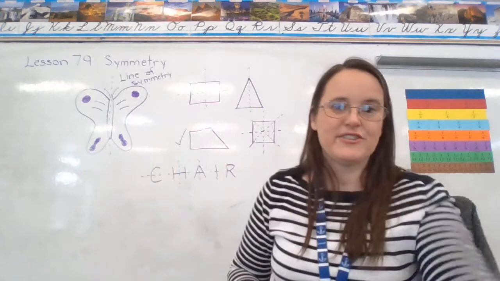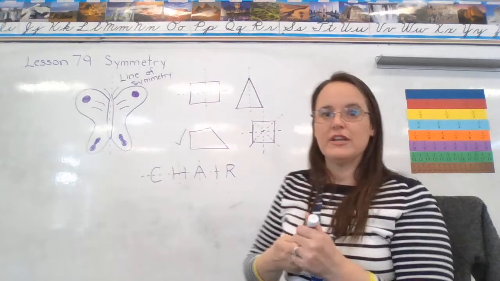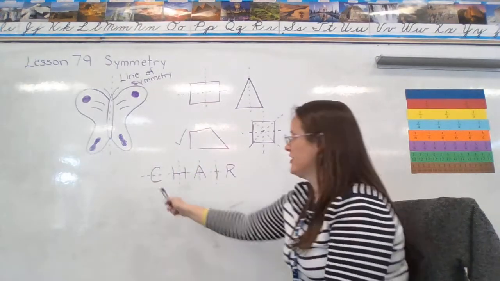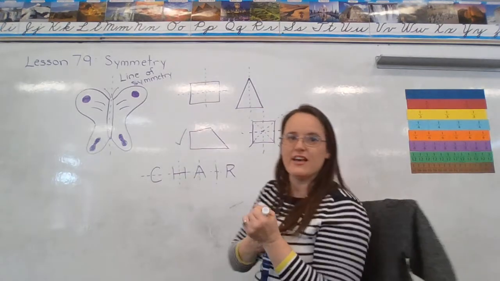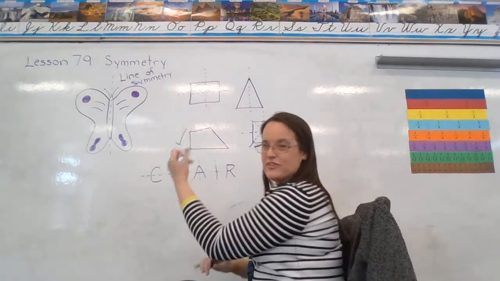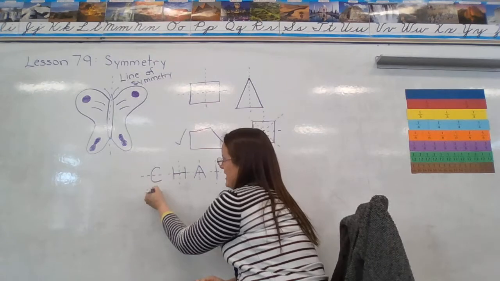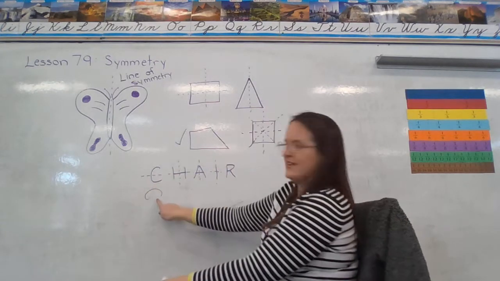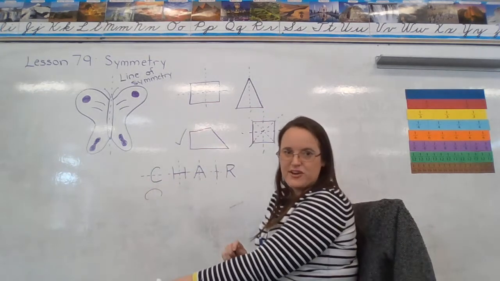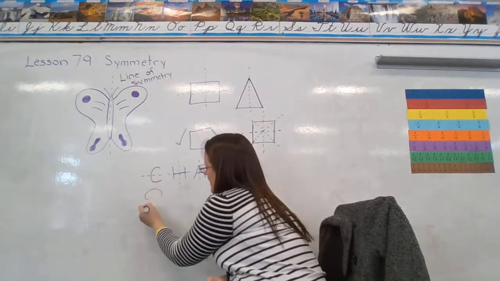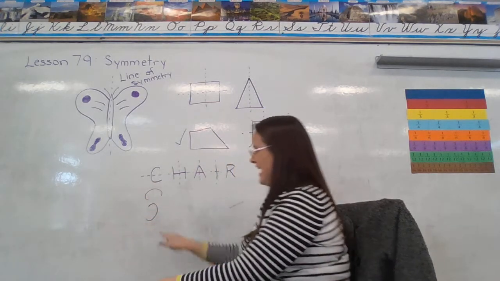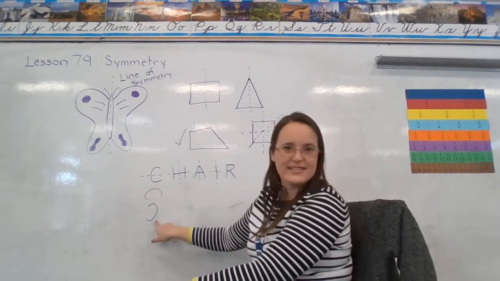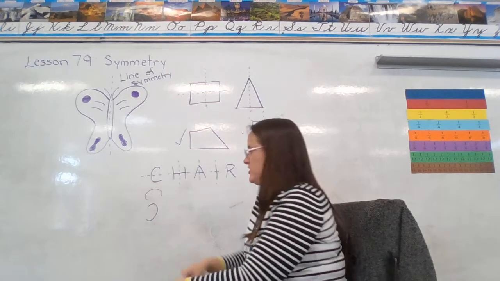Think about the letter C. If I turn my letter C here, will it line up with itself? So we're going to imagine that I've turned it, and I'm just going to draw it. Here I'm turning it 90 degrees. That's not the same as the starting position. Here I've turned it 180 degrees. That's not the same as the starting position.